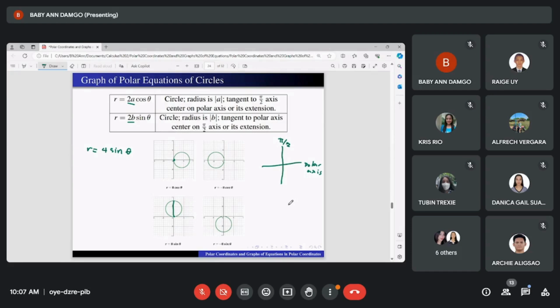Ay, 4 sine theta. Wrong na siya. Wala siya sa ibabaw, no? 1, 2, 3, 4. So, this is diameter. And then 1, 2, 1, 2. So, here, the radius 2. So, kani nga mga points. So, we have this.